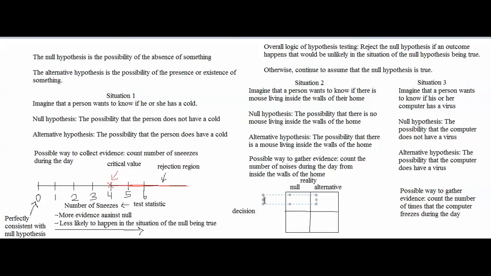The decision could be for the null hypothesis, which means the null is not rejected, or it could be a decision for the alternative, meaning when you reject the null hypothesis. This decision right here, when you decide that the null hypothesis is false and the alternative is true, but it turns out that the null is true, that's a type 1 error.